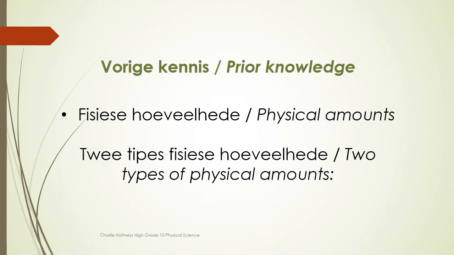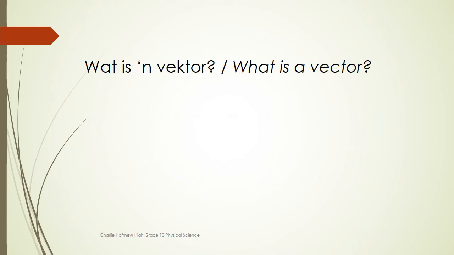These physical quantities are classified into two groups: vectors and scalars. It's important that you know the difference between the two. So what is a vector? A vector is a quantity with a magnitude as well as a direction.